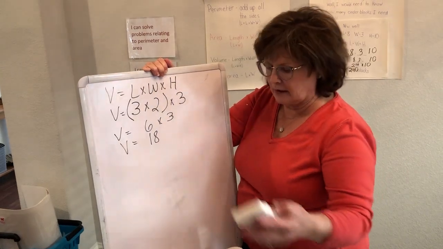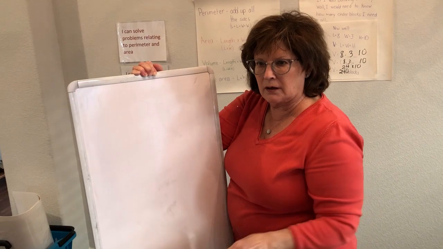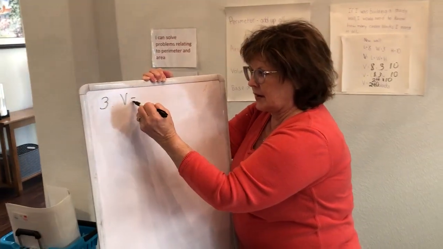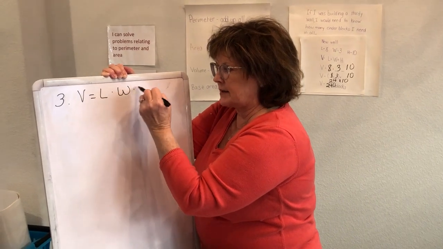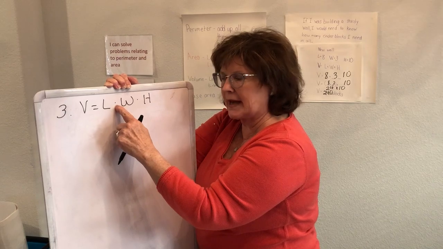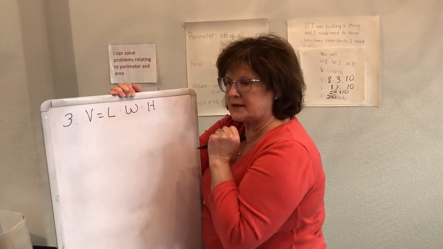Very good. All right, and the next one, I would like for Gage to help me with this one. This is number 3. Volume equals length times the width times the height. And why am I using a dot instead of a multiplication sign, Ariana? That's correct, because that also means to multiply.